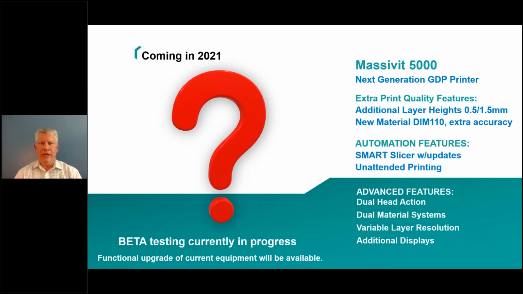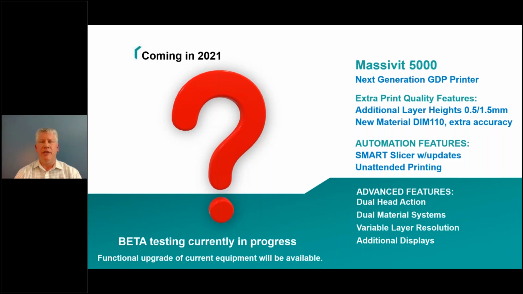There are new materials coming out that give additional properties, and this Massivit 5000 includes advanced smart slicing software and additional dual head action. You can actually run different materials on different heads. What we're talking about now on a dual head on an 1800 is you run the same material on both heads.